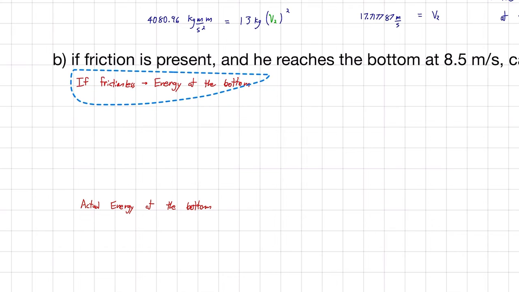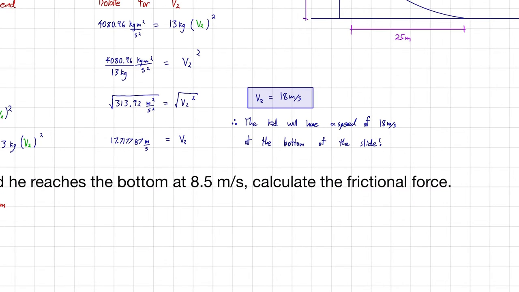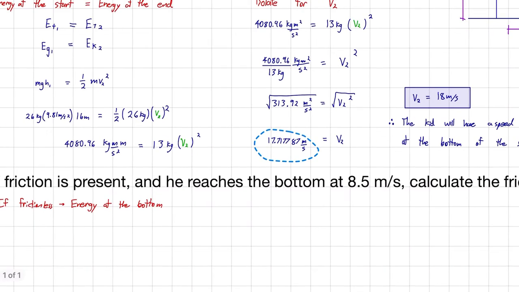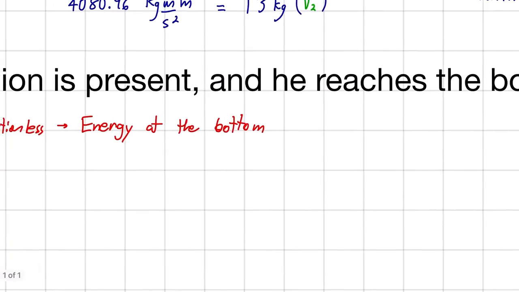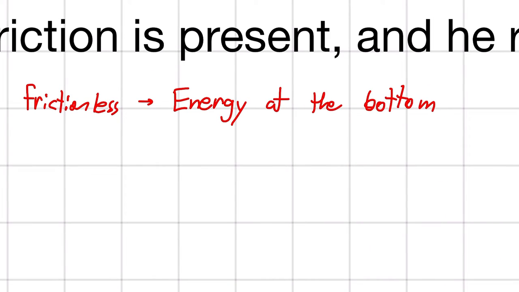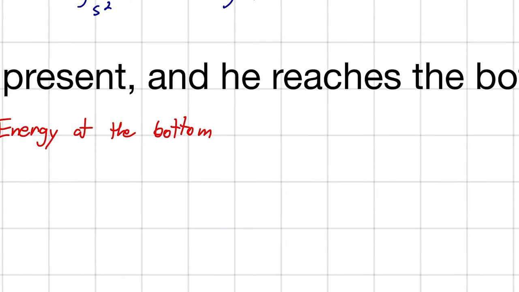So we calculated that if there was no friction, we would have this speed here at the bottom. So if we're frictionless, how much energy will our kid have at the bottom? Well, it's going to be all kinetic energy.